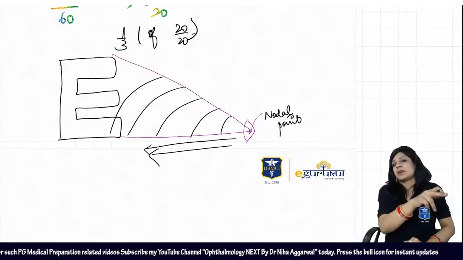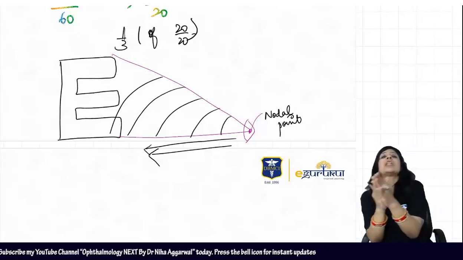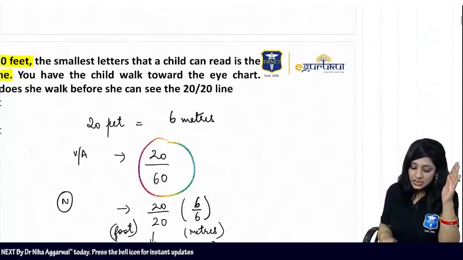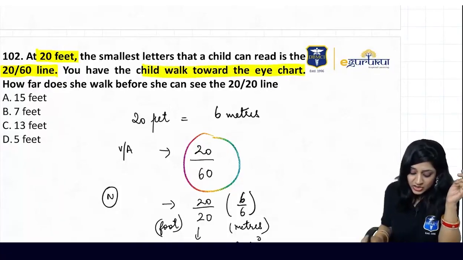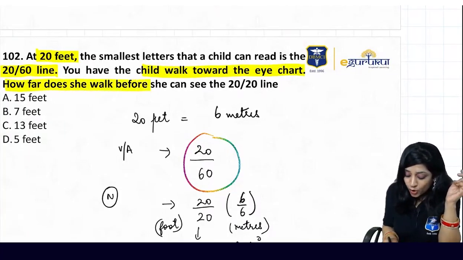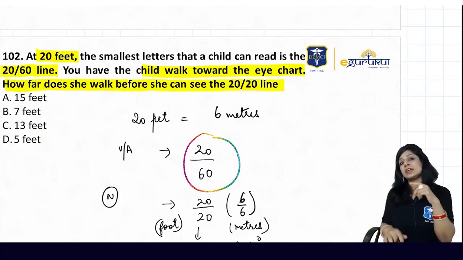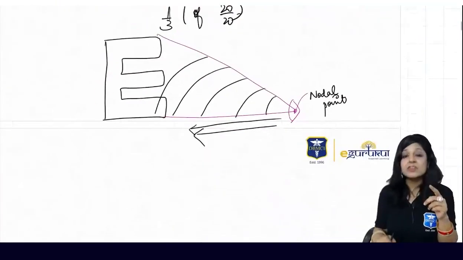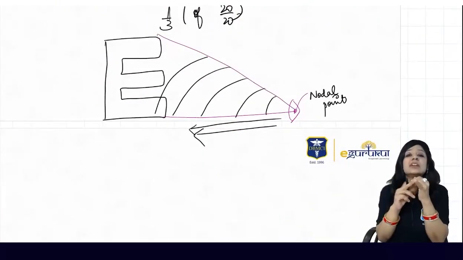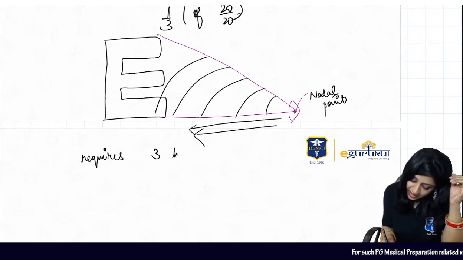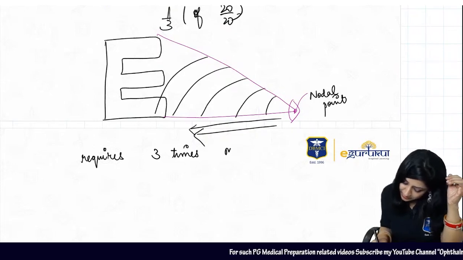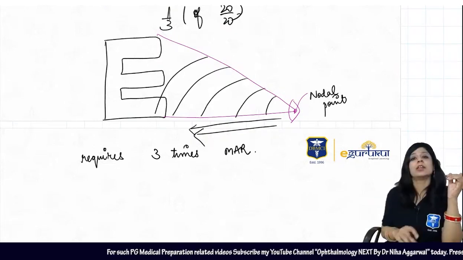How much closer does she have to come? If you read the question, they say you have the child walk towards the eye chart, how far should she walk so that she can see the 20 by 20 line. Now, because her visual acuity is 1/3, she requires 3 times the minimum angle of resolution.